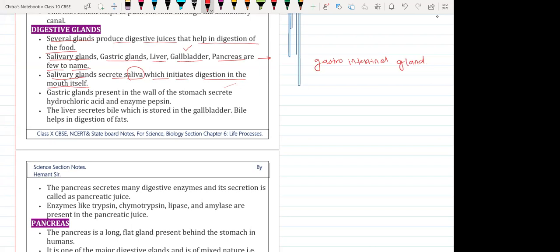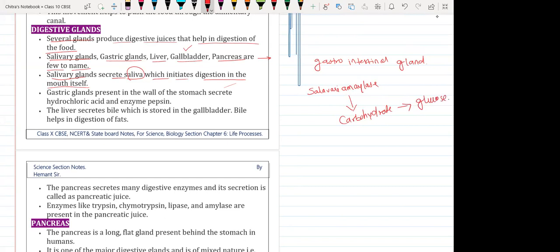By salivary amylase. And it is used to digest carbohydrate into glucose.